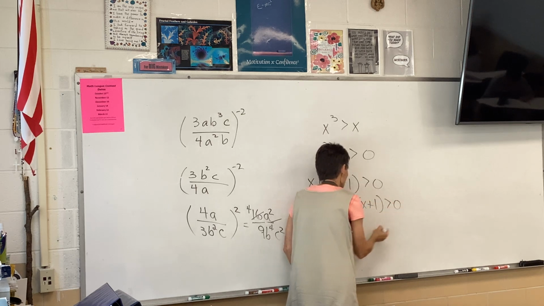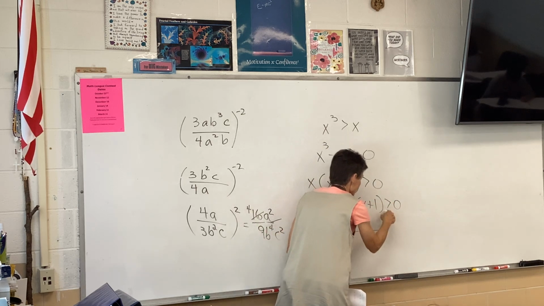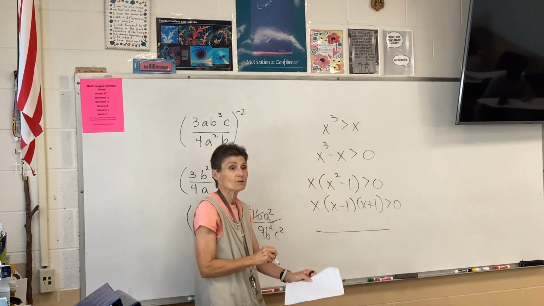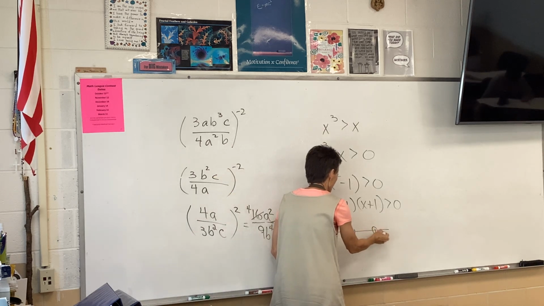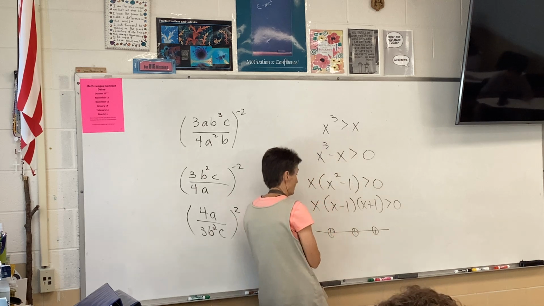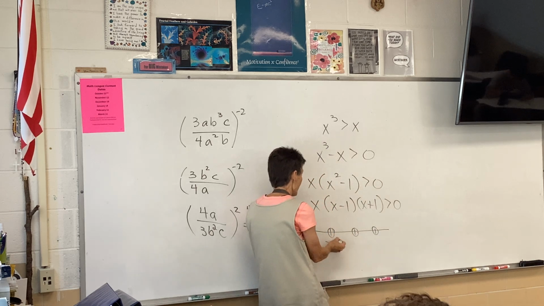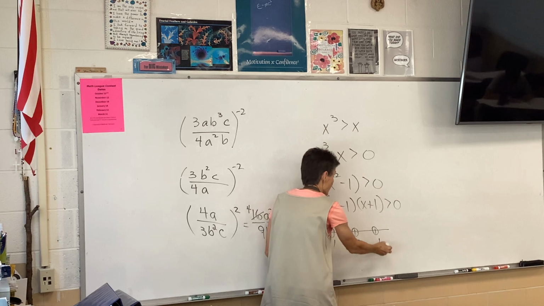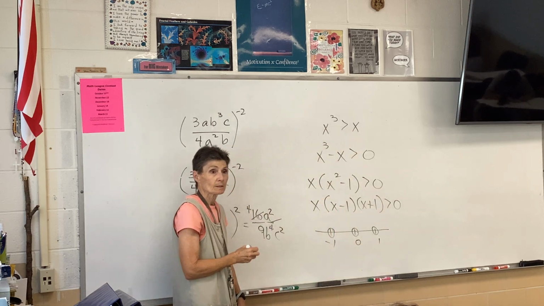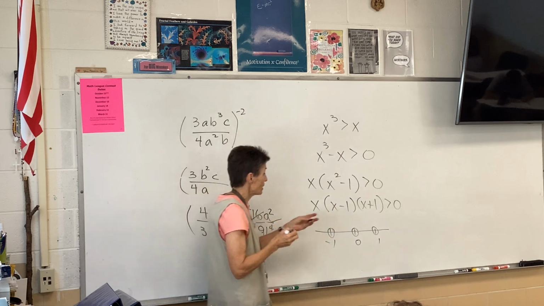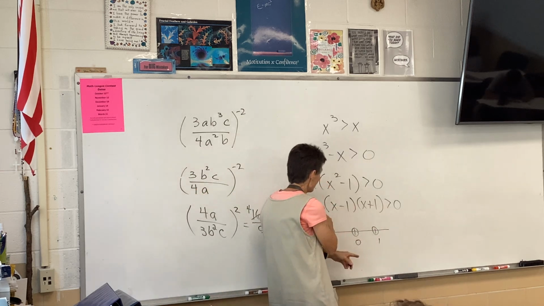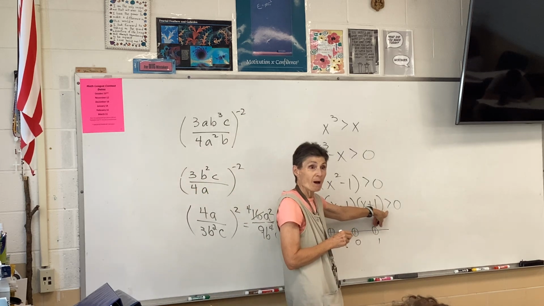So now remember, that's an inequality, so I'm looking for intervals of numbers. On my number line, I would have 3 zeros at -1, 0, and 1. Whatever numbers are the answers will be things that when you plug them in, make this positive.